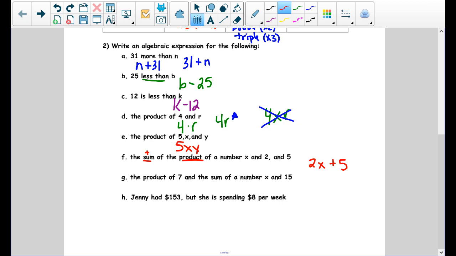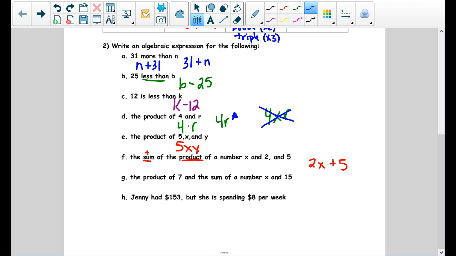Letter G says the product of 7 and the sum of a number x and 15. So we have product, which is multiply again. What am I going to multiply? 7 and the sum.